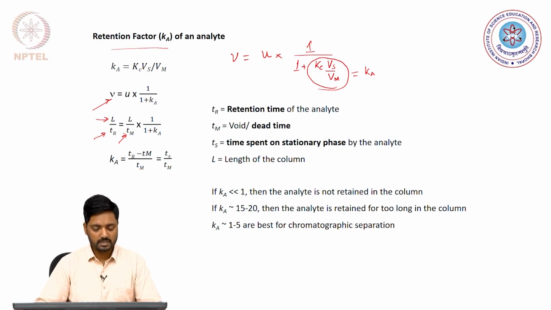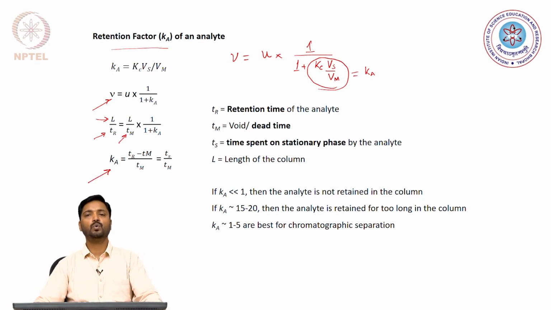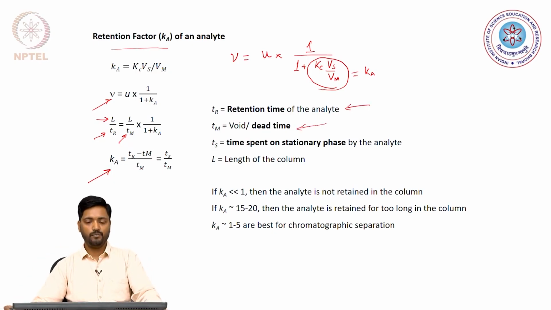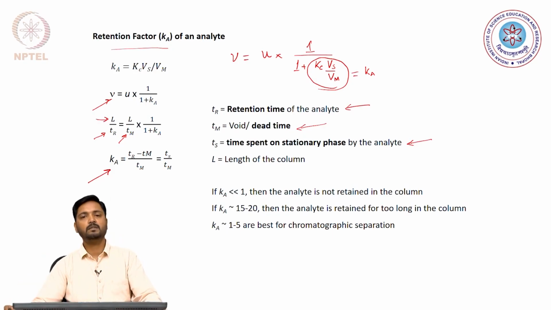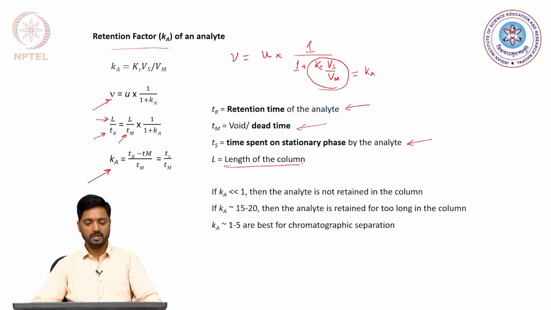When we rearrange all of this, we get the equation which is shown here, which now allows us to calculate or measure the retention factor based on the chromatogram that we have generated, because the information related to Tr, which is the retention time of the analyte, Tm, which is the void time or the dead time for the column, as well as the Ts, which is the time spent by the analyte on the stationary phase, can all be figured out from a chromatogram, and the length of the column is usually known when we are undertaking a chromatographic separation.